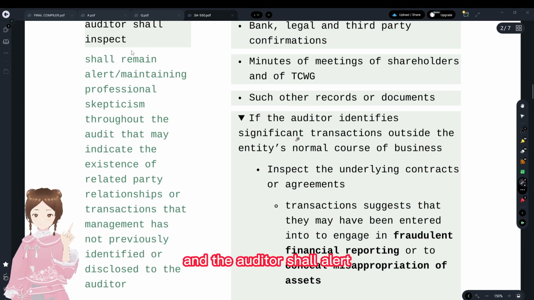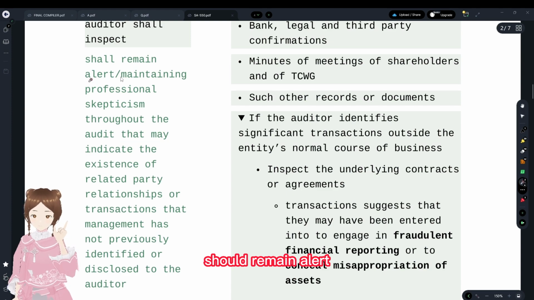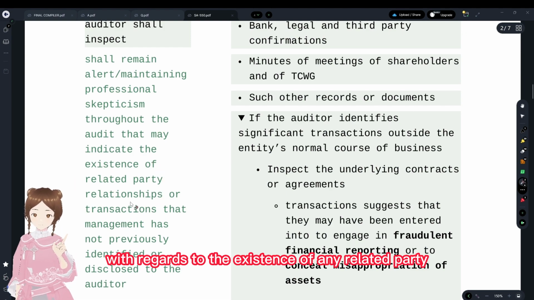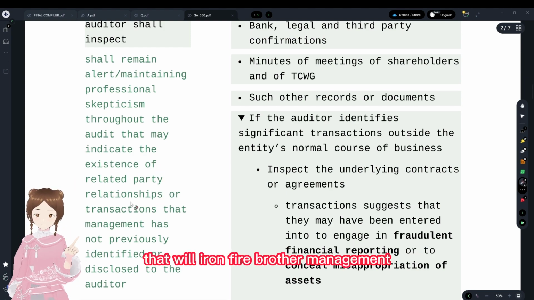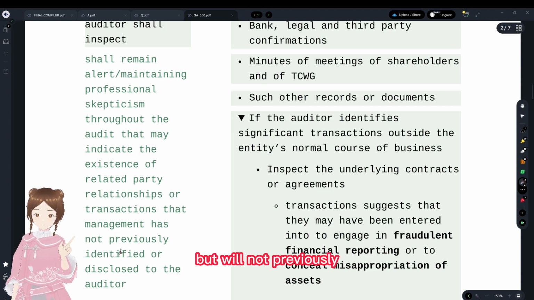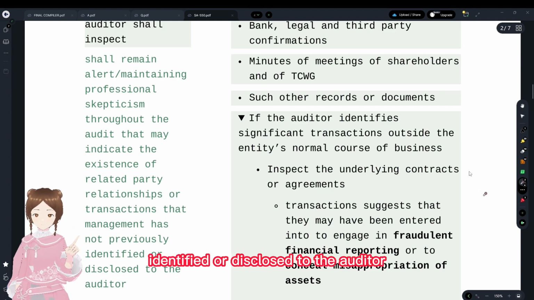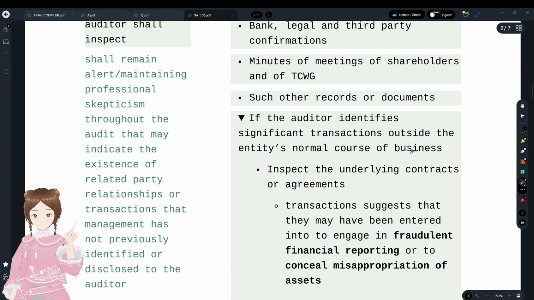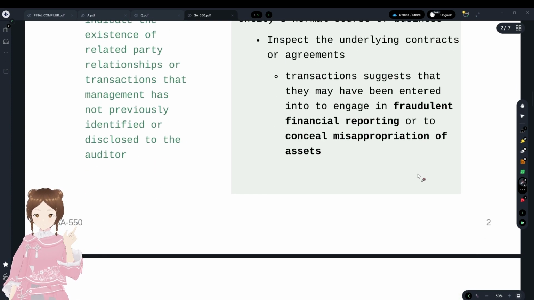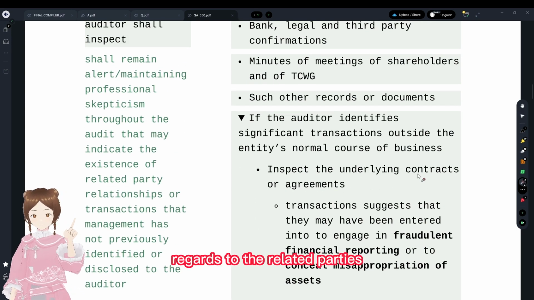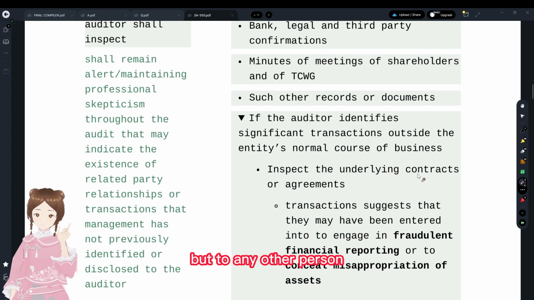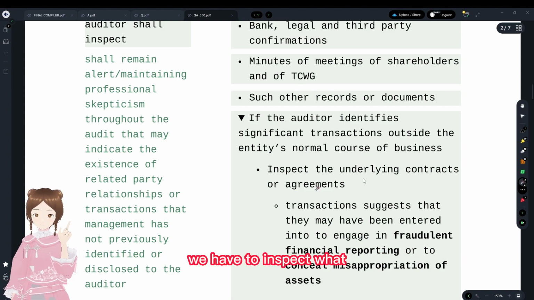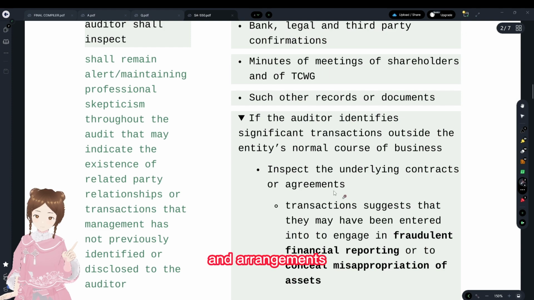And the auditor should remain alert and maintain professional skepticism throughout the audit with regards to the existence of any related party relationships and transactions that were not previously identified or disclosed to the auditor. And if the auditor identifies significant transactions outside the entity's normal course of business, not only with regards to related parties but to any other person, he has to inspect the contracts and arrangements.